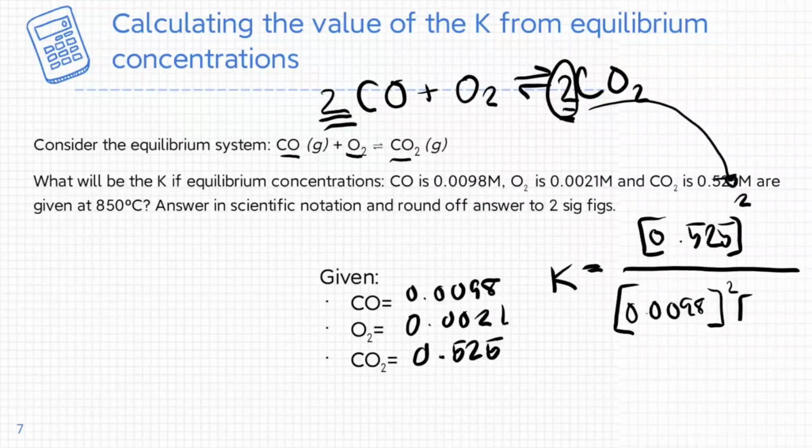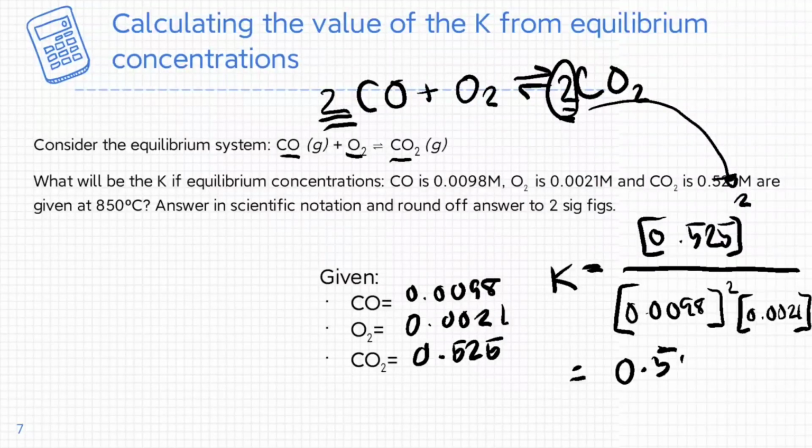Oxygen is 0.0021. Okay. So, next, what is the value? If you already have this, put the given values in the numerator and denominator. You can compute this step by step or straight up on the scientific calculator. Regardless, as long as you have the correct answer, that is fine by me.